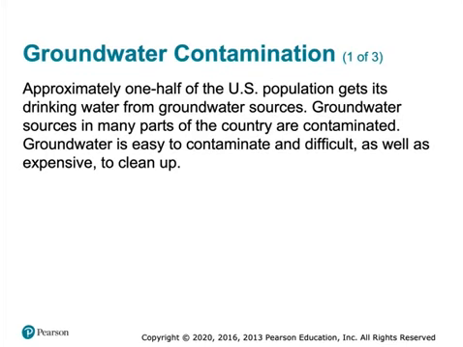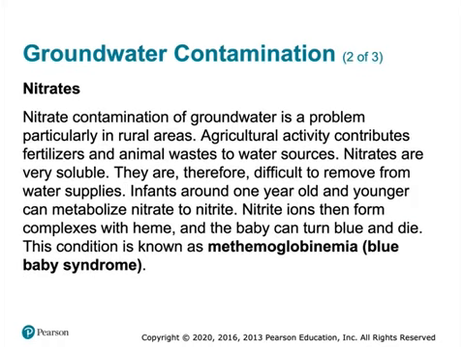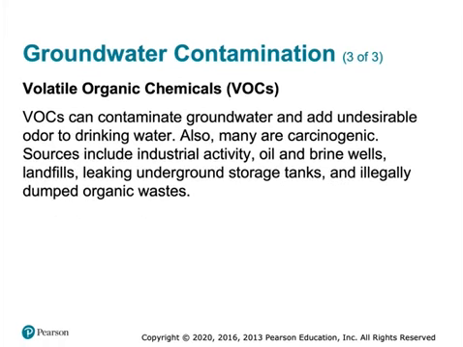So many of these places are contaminated, and it's very difficult to clean up contaminated groundwater. How do you contaminate it? Nitrates is one way. Nitrate ions can cause various conditions like blue baby syndrome. Also, volatile organic compounds can contaminate groundwater.